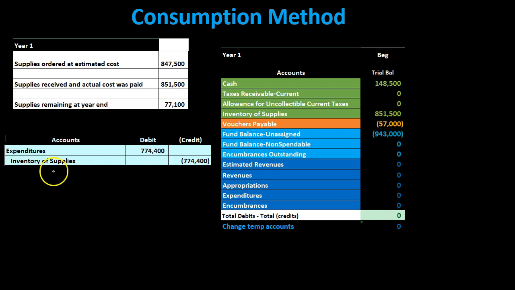We're going to say the expenditures, we consumed them. Expenses is going to be the account we used, instead of expenditures, which is used for the modified accrual. That makes sense. We're going to credit the inventory of supplies.